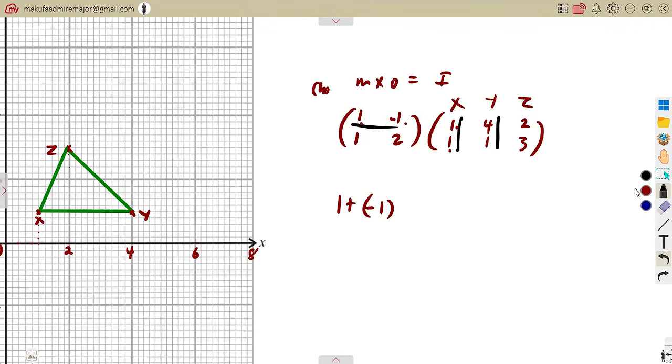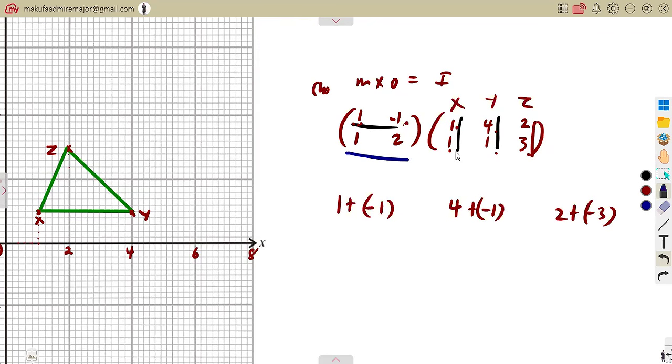This row with this column: 1 times 4 is 4, and -1 times 1 is -1. Then this column: 1 times 2 is 2, and -1 times 3 is -3.